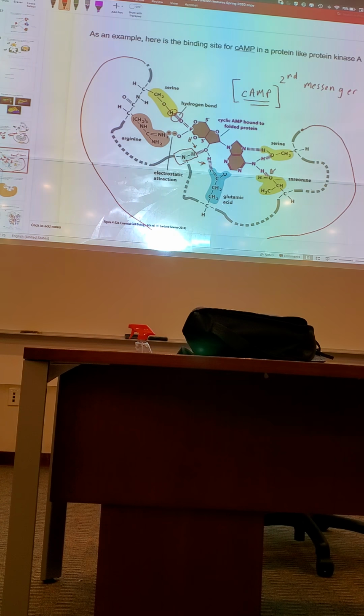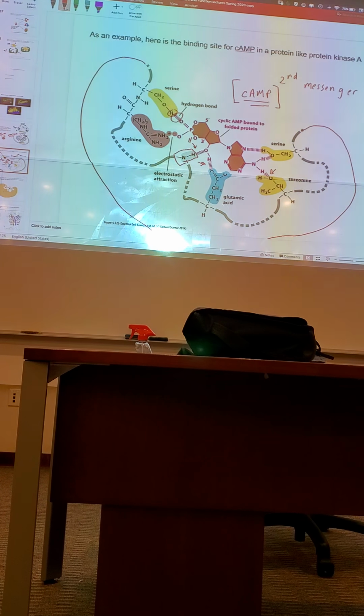And the hydrogen on the serine can form an electrostatic interaction with this nitrogen. So now we're looking at 1, 2, 3, 4, 5, 6, 7 non-covalent interactions that together allow protein kinase A to bind to cyclic AMP in a stable way.